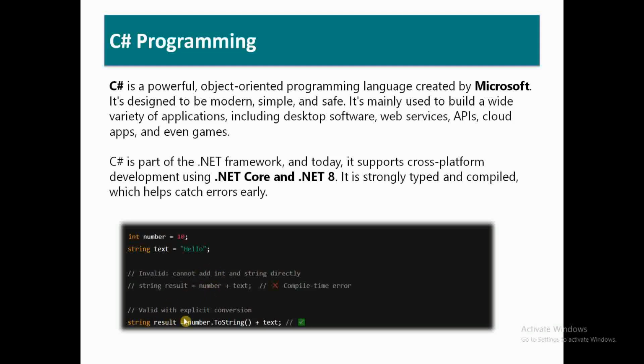Here we have a valid explicit conversion. If we want to convert the integer value also into a string, first we have to convert the integer 10 into a string with the .ToString method, plus text with "hello". This is the valid format, and this will concatenate without any error, and it will give us the result "10hello" as a single string.